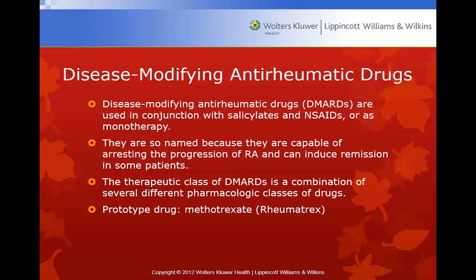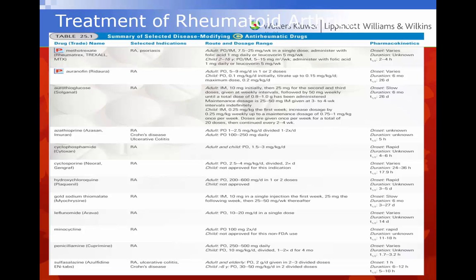Our prototype drug for the DMARD class is methotrexate, or Rheumatrex. There's that summary of the table that I was talking about that's on page 465 in your book.